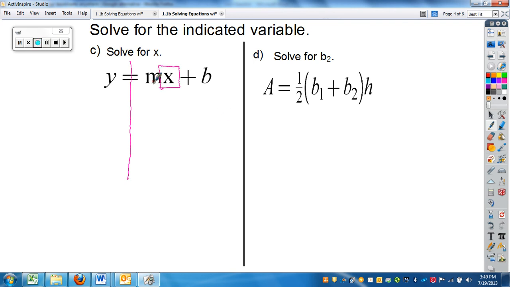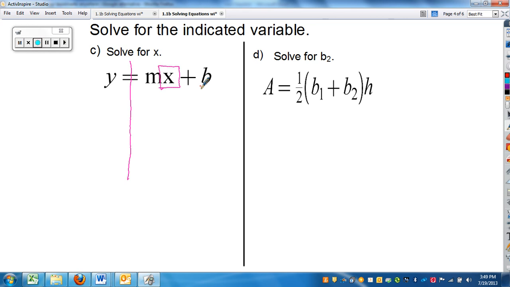Do I move the m first or do I move the b first? And sometimes, to help students, I write, instead of using m and b, I put numbers there. So if I just had y equals 3x plus 4, and I said, okay, solve for x, move everything to the other side. Students can do this because like, oh, you move 4 first.